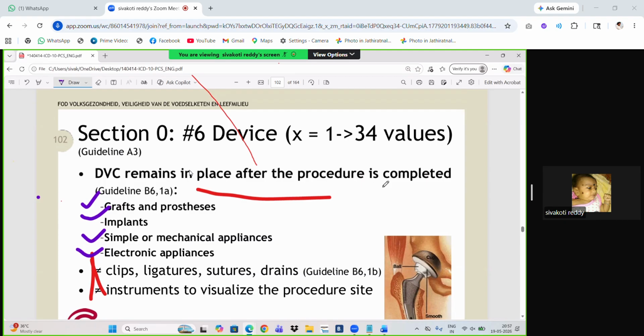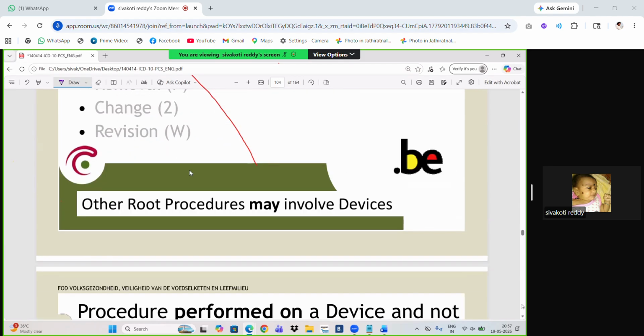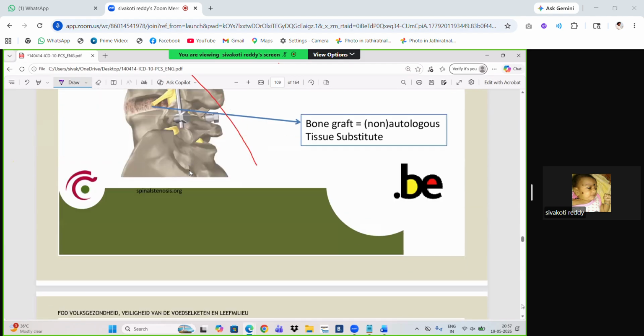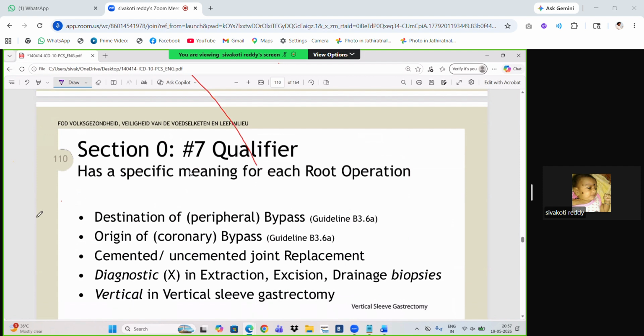Next, the 7th character, the qualifier. The qualifier has a specific meaning for each root operation. There is no particular meaning for the qualifier; it depends on each root operation.